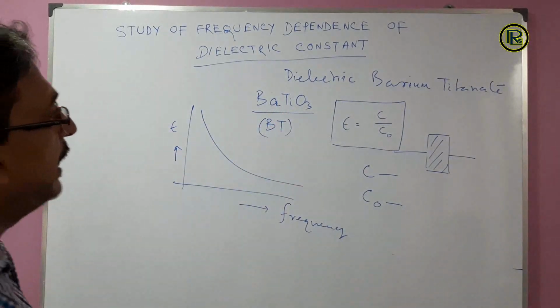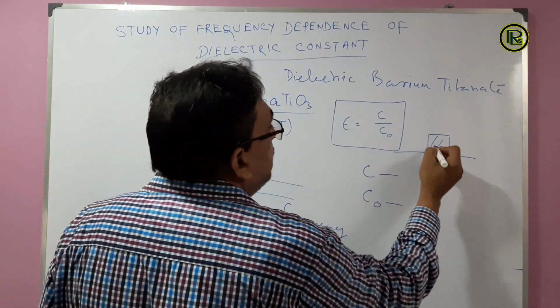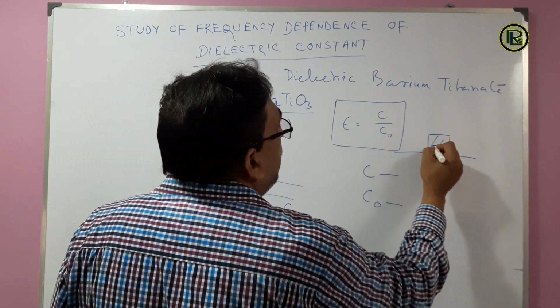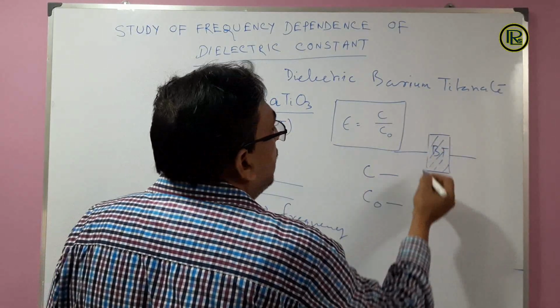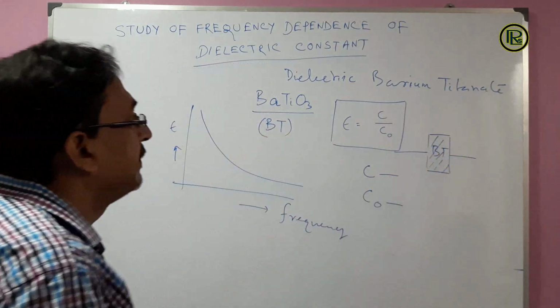So we have to calculate the capacitance when the capacitor is filled with BT, and once again when it is filled with vacuum.